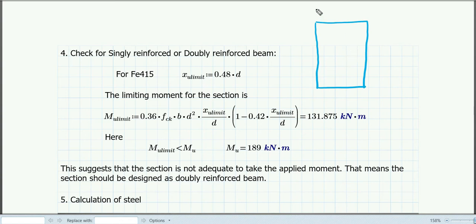That means we have the beam of dimension 300 by 400. The first thing that you need to know is whether this beam will be a singly reinforced beam or a doubly reinforced beam, how you are going to design. So there is one check.